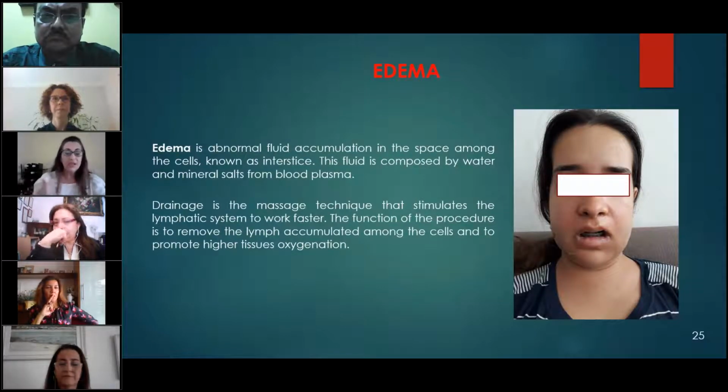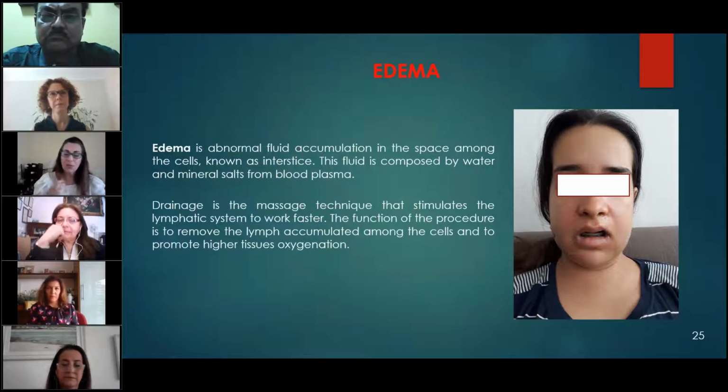Edema. The patient reports a lot of discomfort. We start drainage on the first day of care, which causes immense relief and well-being. Drainage is a strong massage to bring the existing fluid to the lymphoid glands.